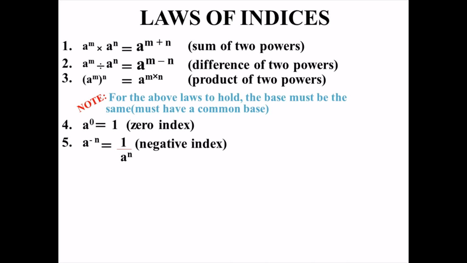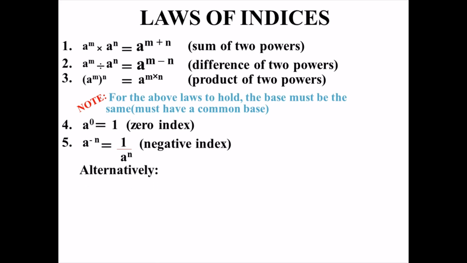This one is known as the negative index. For example, if you have 8 raised to the power of negative 2, it is the same as 1 over 8 raised to 2, which translates to 1 over 64.